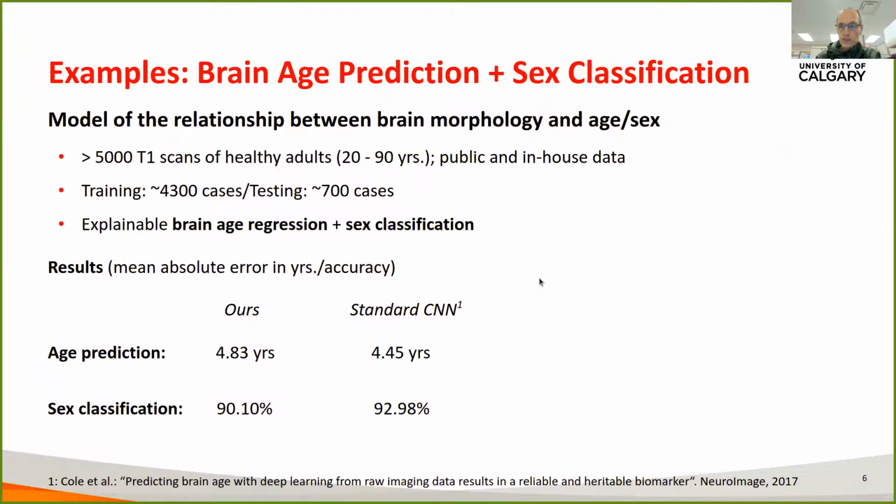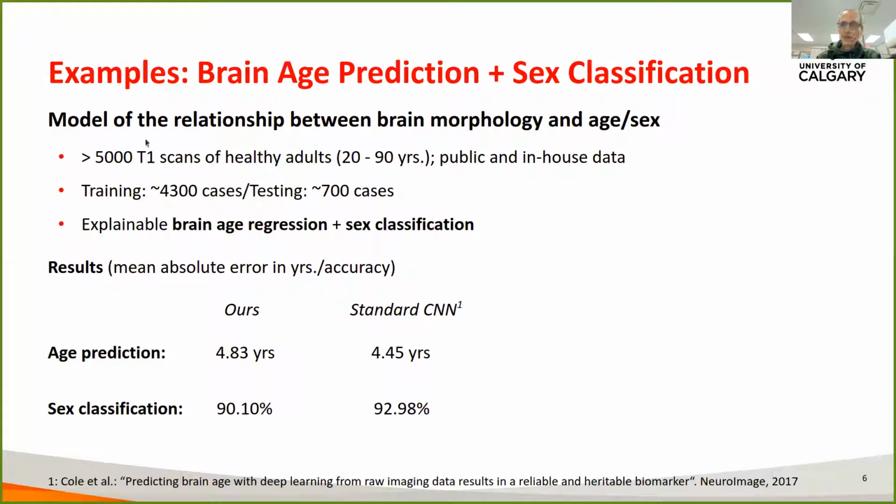So what we did here for this workshop paper is to build generative classifiers and regressors for two different problems, for brain age prediction and brain sex classification. So the models were asked to model the relationship between brain morphology as seen on T1 images of the human brain and age as well as sex.